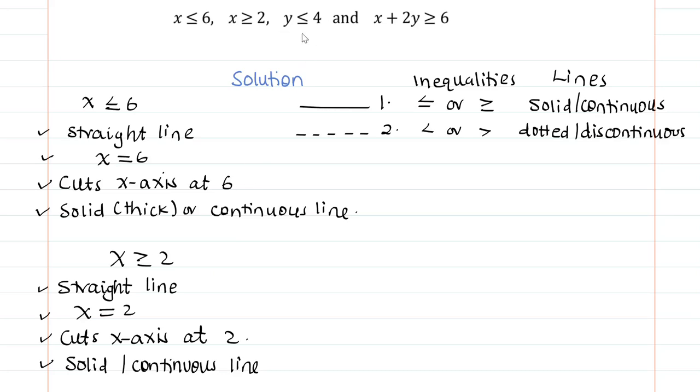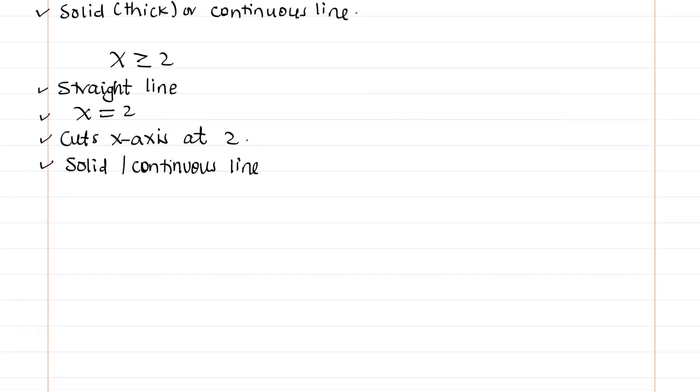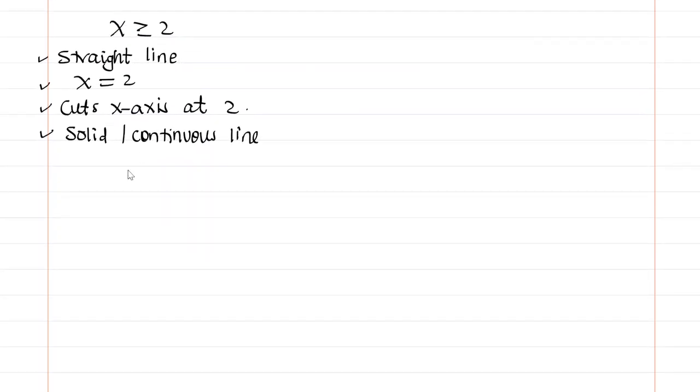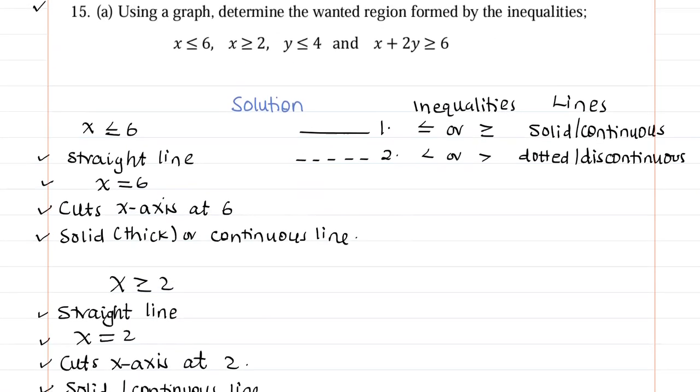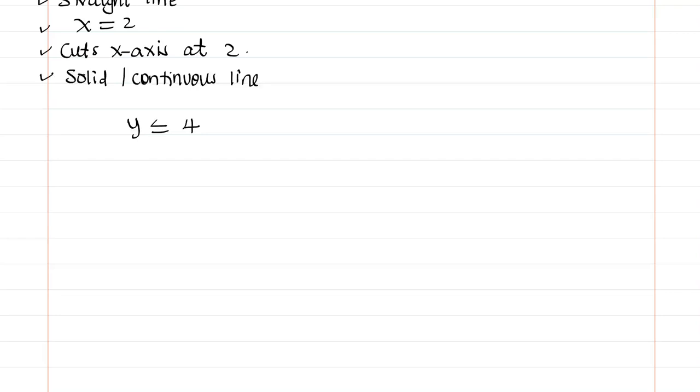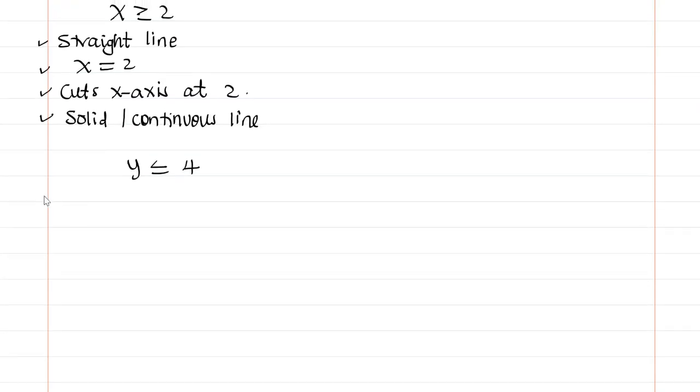For the third inequality, y is less than or equal to 4. What are the properties of this line? The first property is that it is a straight line. I'm doing this for your review so that when I explain the graph, you have a basic understanding.